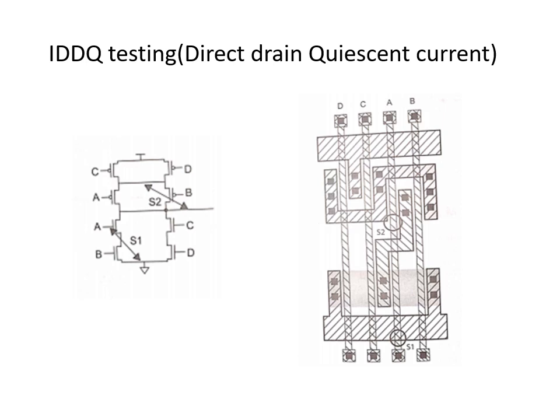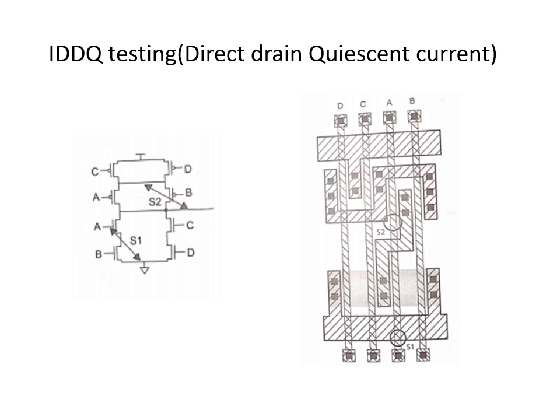IDDQ testing. IDDQ is the IEEE symbol for direct drain quiescent current. This IDDQ testing measures the current to discriminate between a good and a defective chip.